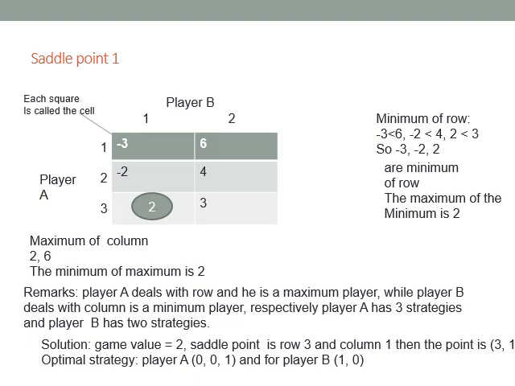Each square represents 1 cell. For example, the square where there is -3 is called a cell. The square where there is -2 also is called a cell. The square where there is number 3 also is called a cell.